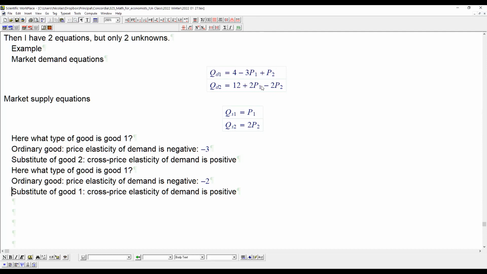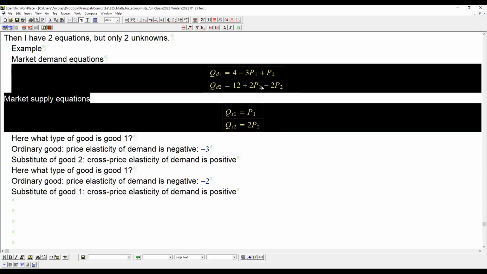Okay, so please solve this. I'm just going to wait 5-10 minutes until somebody has an answer. Of course, I'm not giving you the market equilibrium conditions, but I assume you know them.